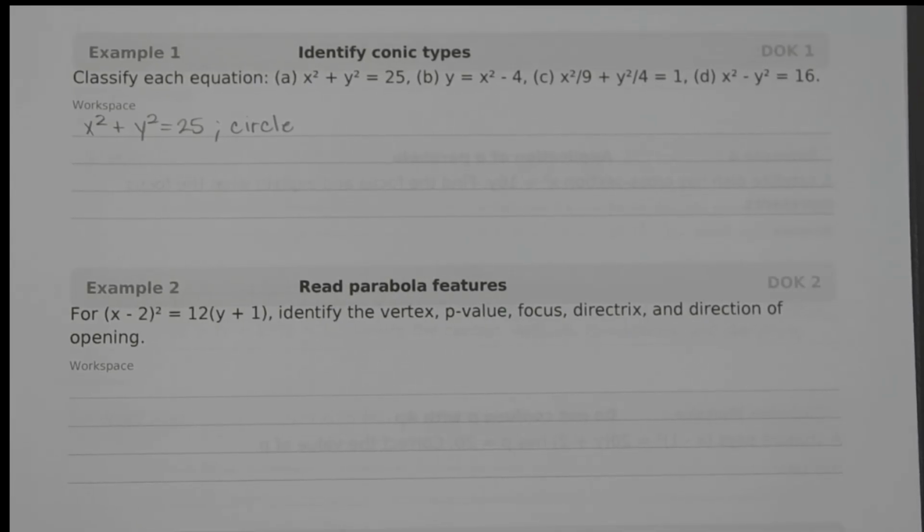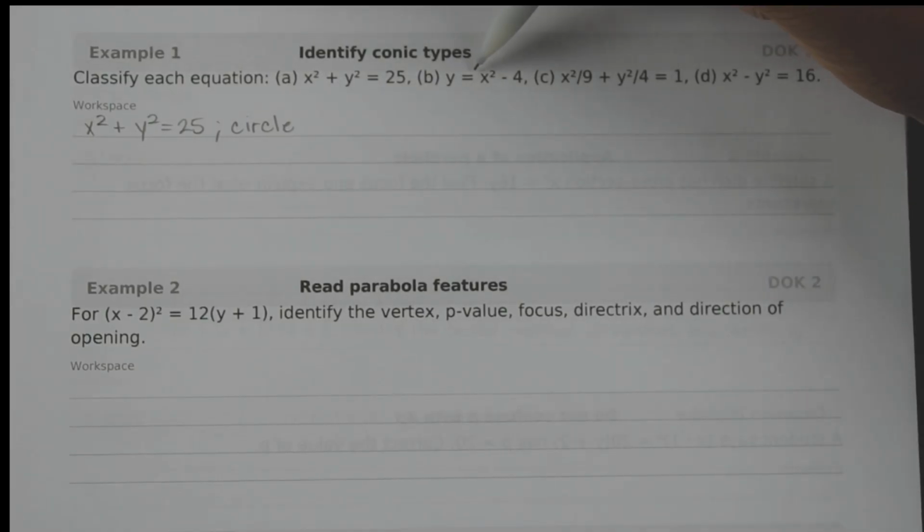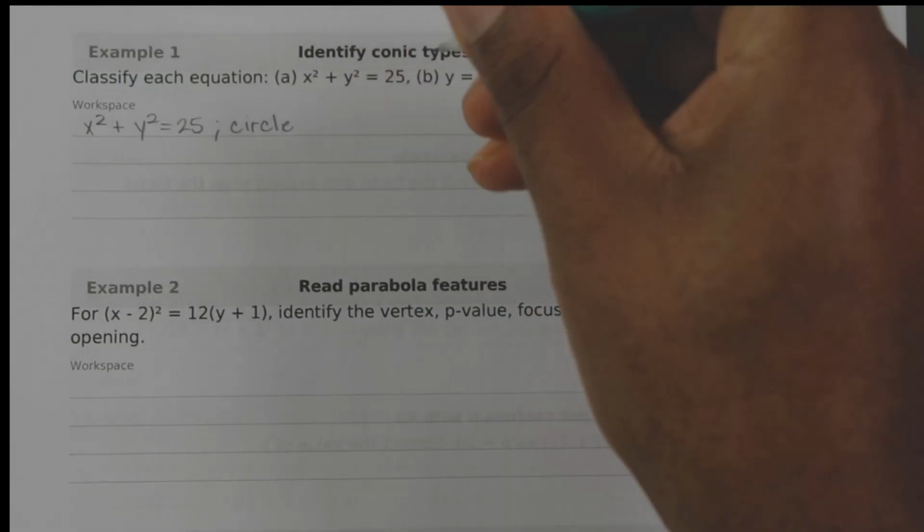Part B, now we're looking at y equals x squared minus 4. Only x is squared in this, and y is not squared. So that gives a parabola.